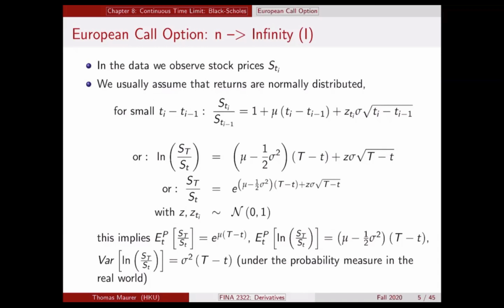Let's now derive the Black-Scholes formula after having talked about this interpretation. If you look at stock prices, one thing you can do is look at log returns of the stock. And typically we want to assume that these log returns are normally distributed. So the log return is going to be some constant, which depends on over how big of a time window you're looking at that return.